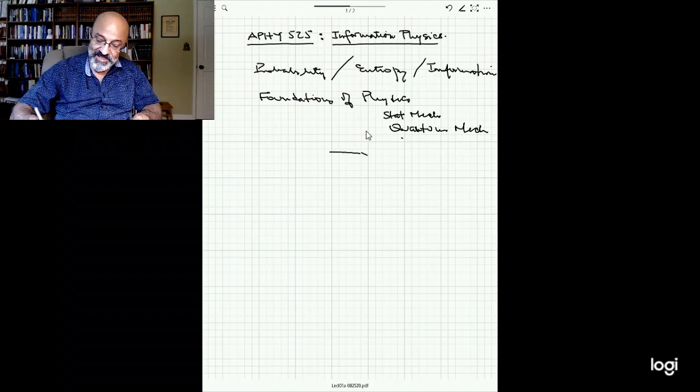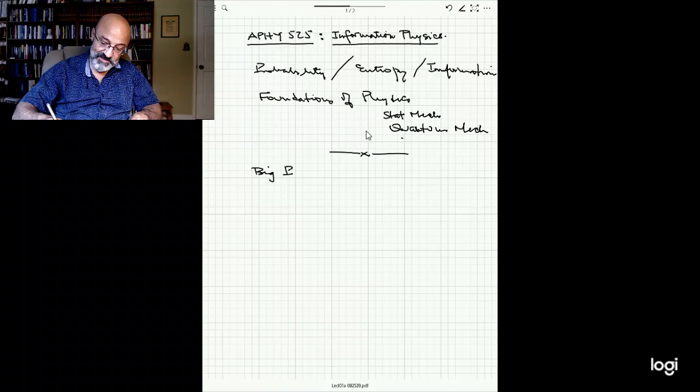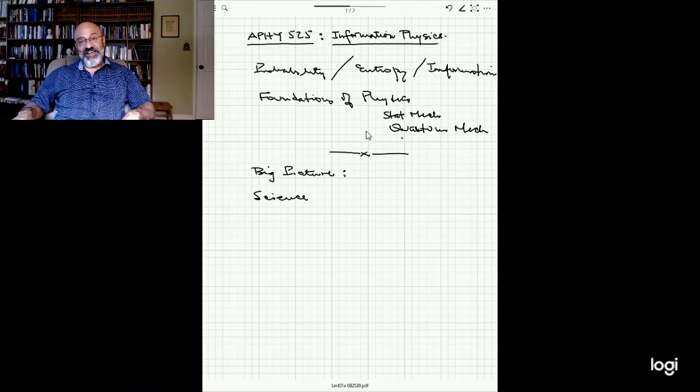So the big picture here is going to be something like: what's science all about? Science is a human endeavor to help us navigate the world in a more or less rational and systematic way.